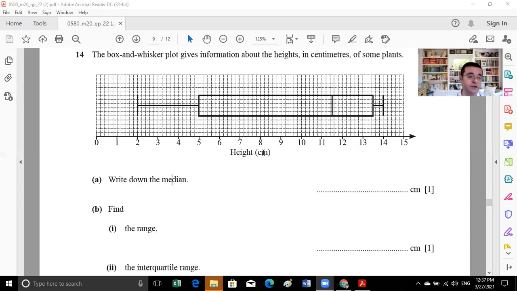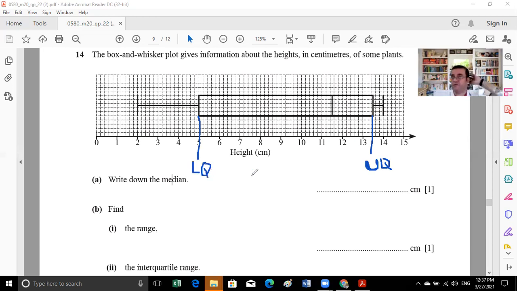Now, interquartile range. What is the interquartile range? We know. Maad, what is the definition of interquartile range? Upper quartile minus lower quartile. Where's the upper quartile and where's the lower quartile? Guys, the upper quartile, this one, UQ. And this one here, LQ.